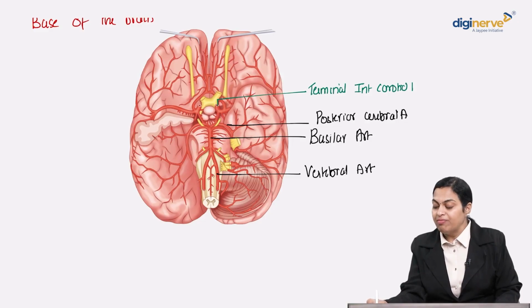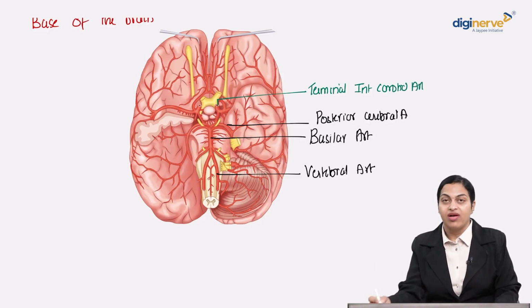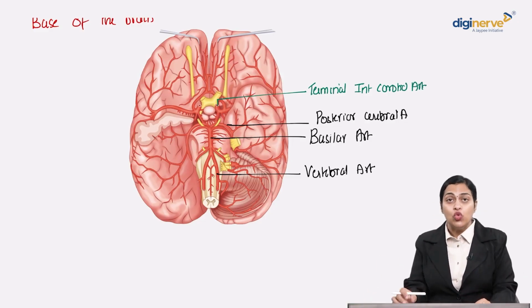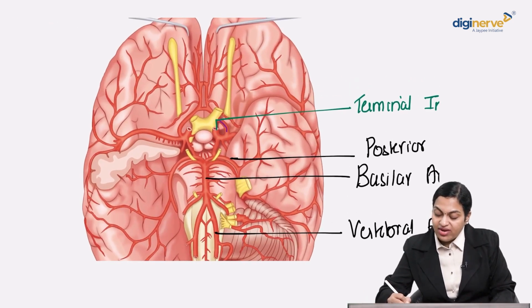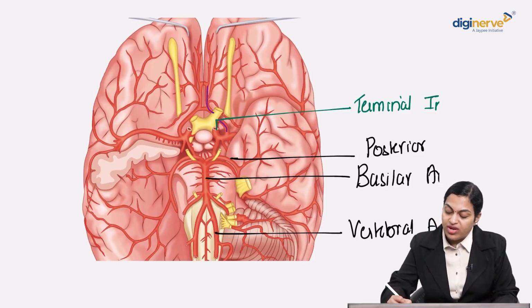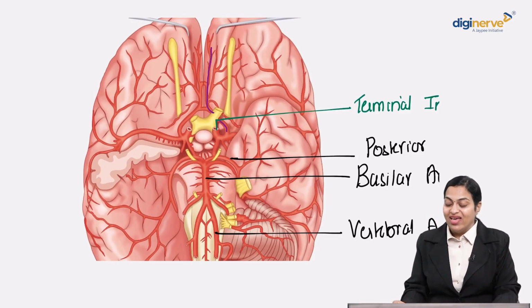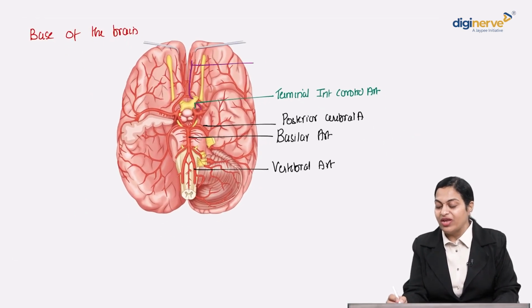The terminal part of the internal carotid artery is going to give rise to 2 terminal branches. This one that you see here arising from the internal carotid and going anteriorly is the smaller terminal branch of internal carotid. We call it as the anterior cerebral artery.